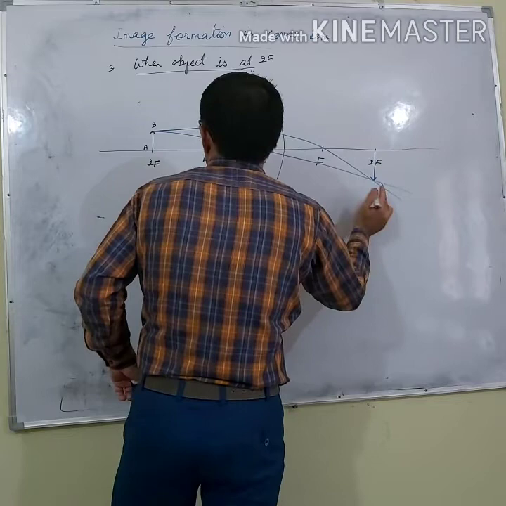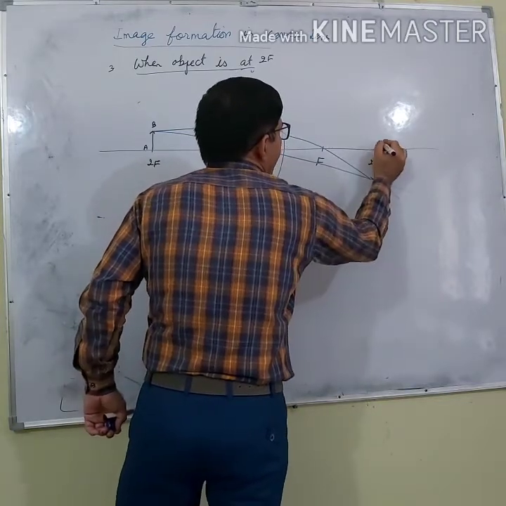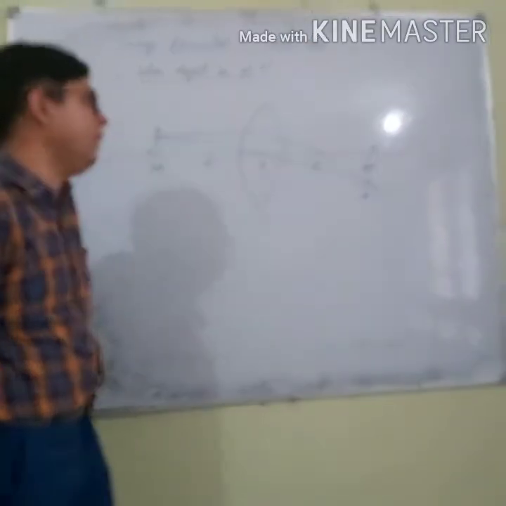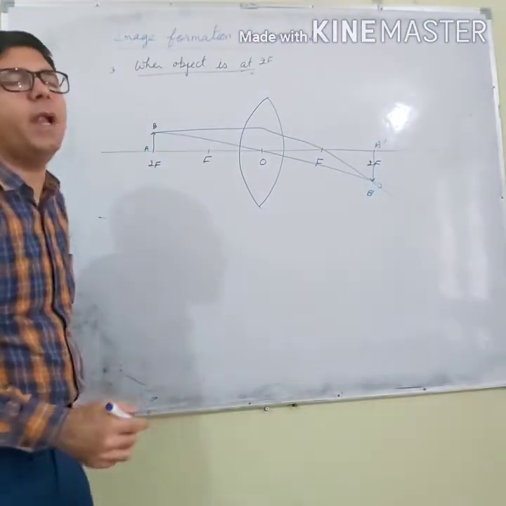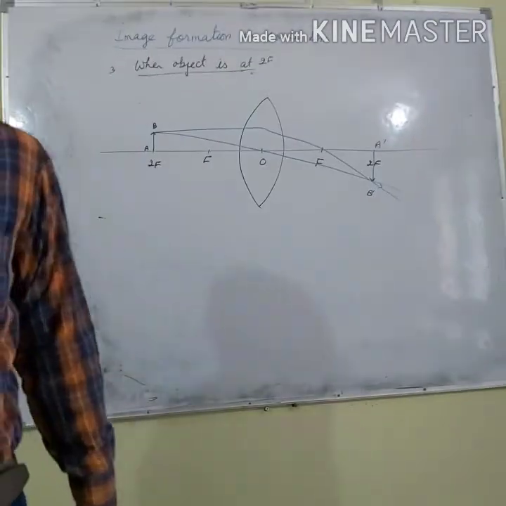Both these rays are meeting here. So here we get the image A dash B dash. Object is at 2F and image is also formed at 2F. So what we can say?